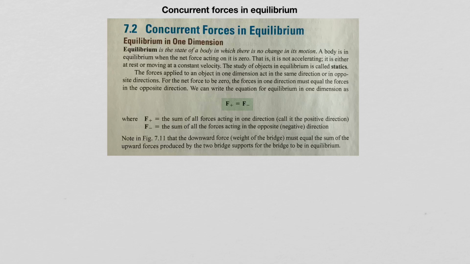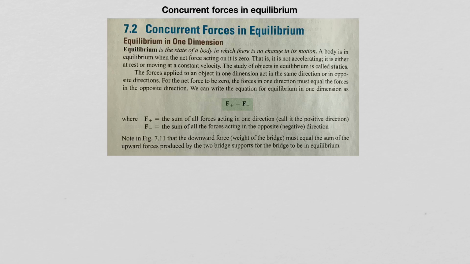Symbolically, this could be written as: the sum of forces in the positive direction must be equal to the sum of forces in the negative direction. Which direction is positive and which is negative is irrelevant. All that matters is that all forces directed in one direction added together must be equal to all forces directed in the opposite direction added together.